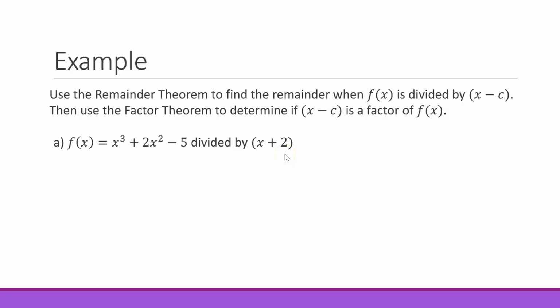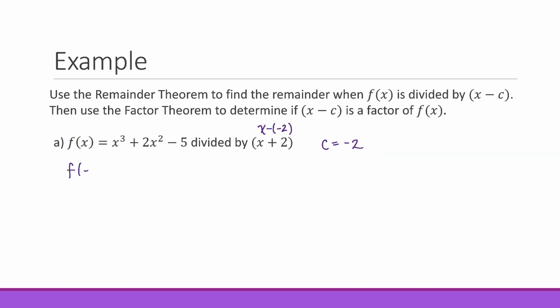So the value of c that I'm going to be working with is negative 2. Or I could think about writing this as x minus negative 2 to see the value of c. Once I know the value of c, the remainder theorem says I can simply plug that number into the function and get my remainder out.